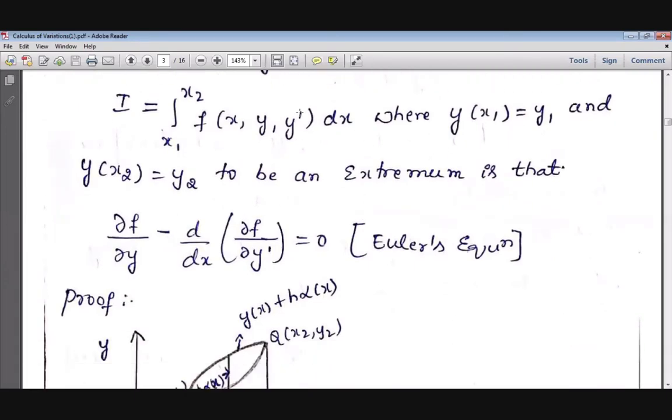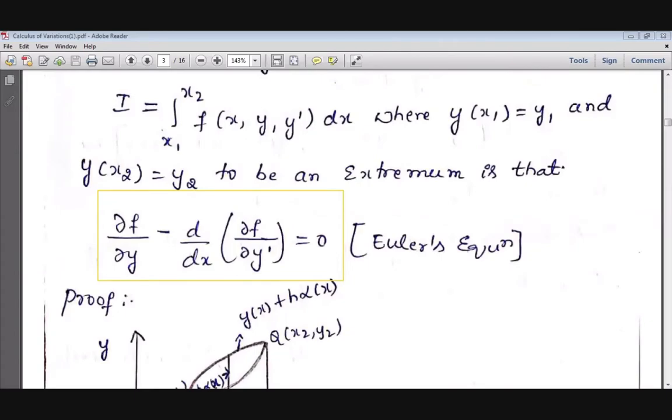This is the condition. This is very important. This theorem will be there. Usually they will ask this theorem. We'll use this condition in all the problems.